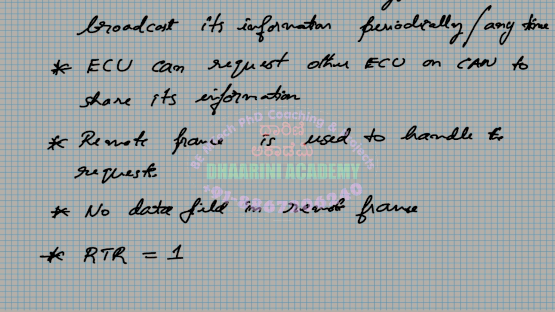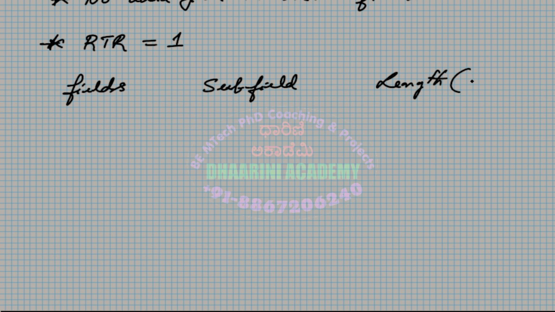All other fields we are already familiar with. Let's quickly go through the table. So what are the various fields present? If I can write a subfield, then we'll write the length in bits. We know that we have a start frame, that is SOF, for short. Length is 1 bit.